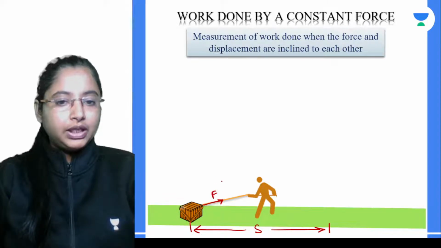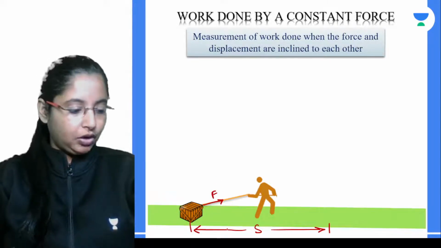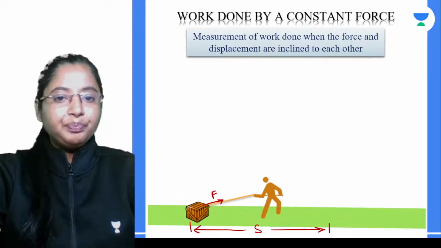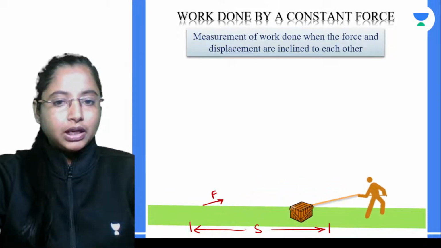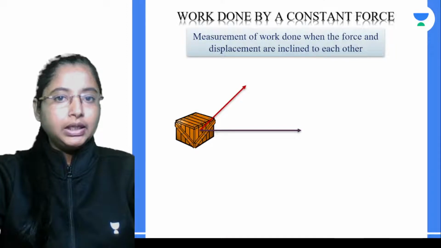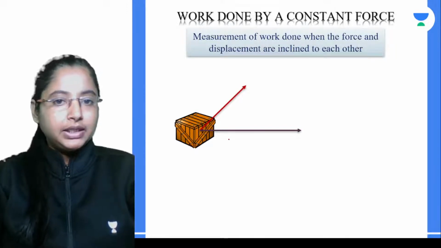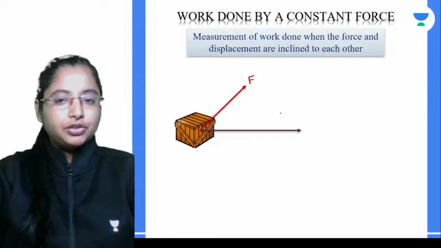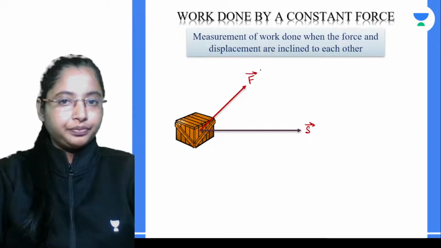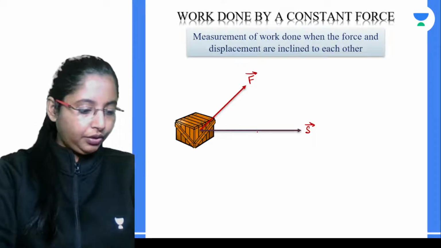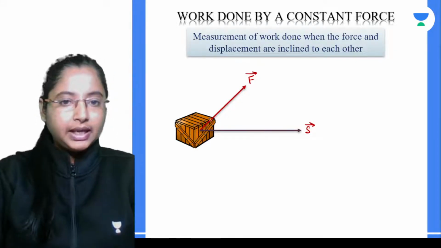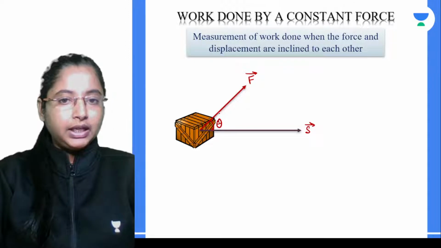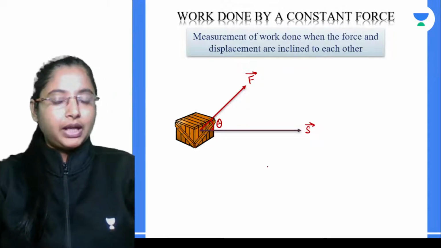There is an angle component that comes into the picture. Earlier, force and displacement were along the same direction, but now there is an angle theta, and they are inclined to each other.